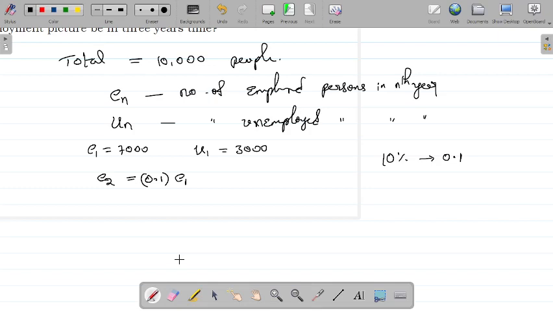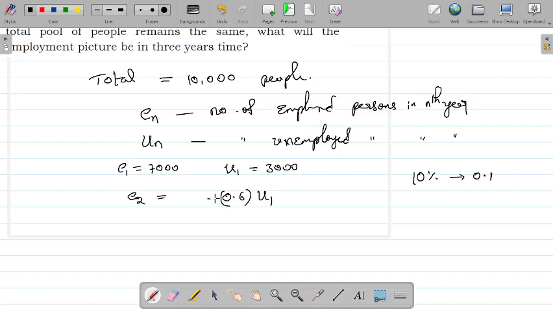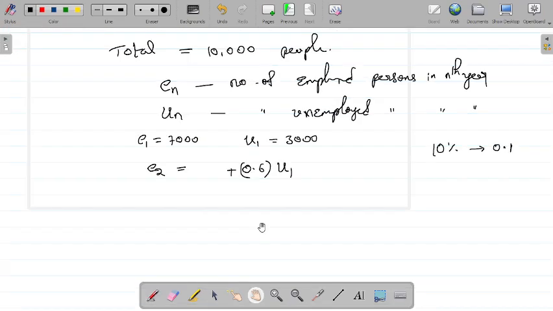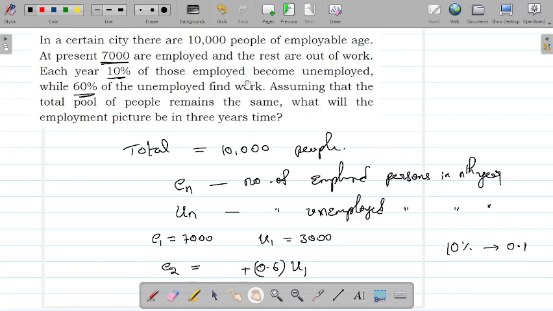But what is for employment? 60% of the unemployed find work. So the new employees are going to be 60% of the unemployed, that is 0.6 times U1, plus, if 10% are becoming unemployed, the remaining 90% stayed as employed, right?